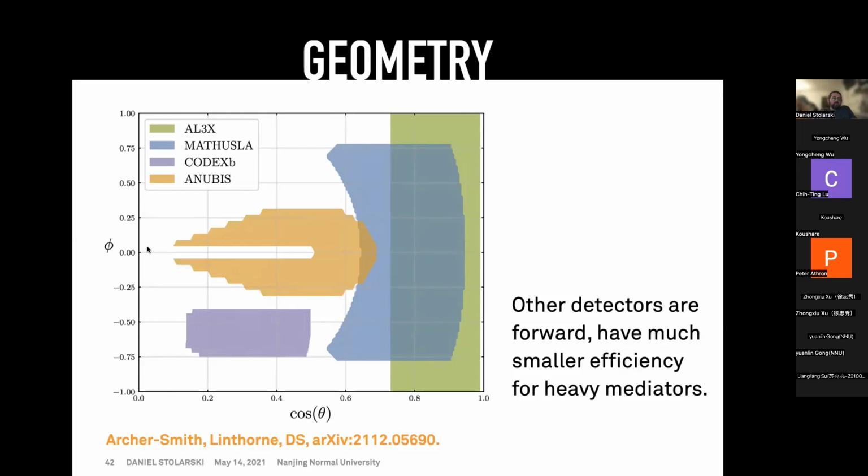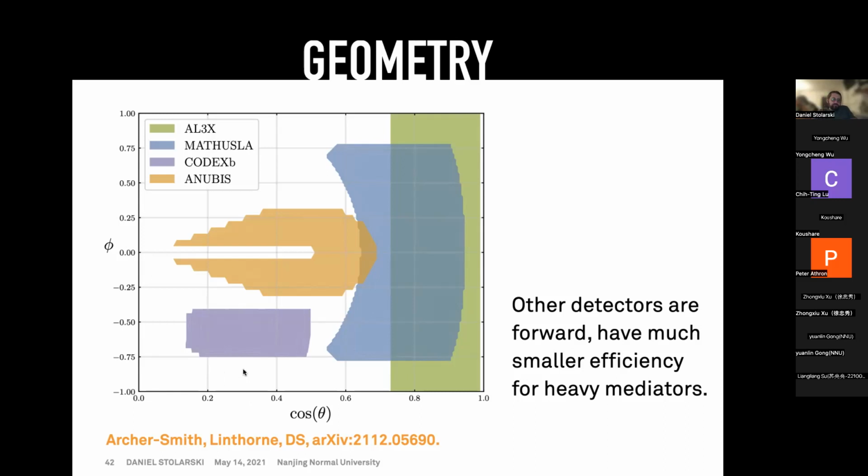If I do the usual spherical coordinates for the beamline and ask what is the geometric coverage of these detectors? ATLAS and CMS cover this whole thing except for a tiny slice near the very right side. But these other detectors are much further away, so they don't cover quite as much. This is the geometric acceptance in theta and phi, where theta is the angle off the beam.